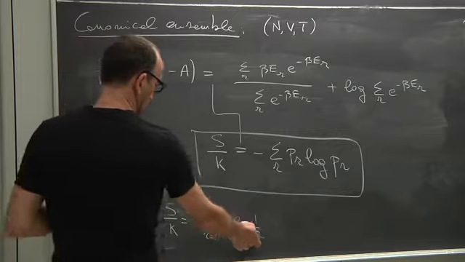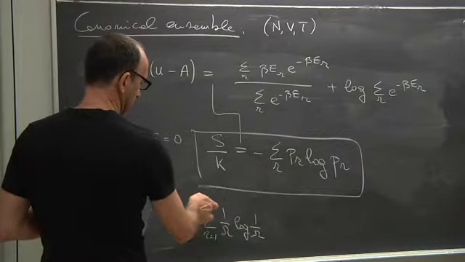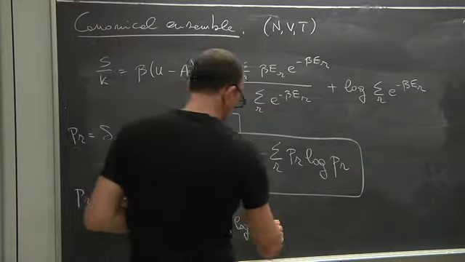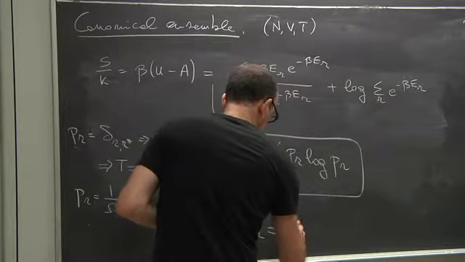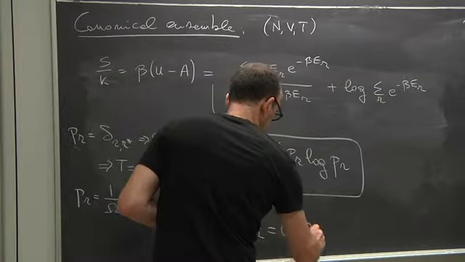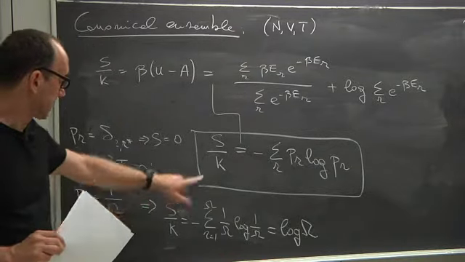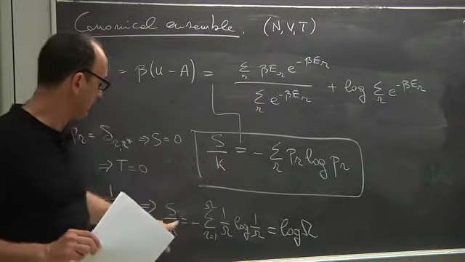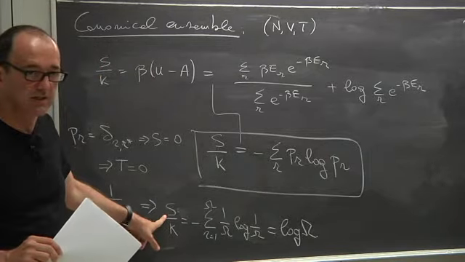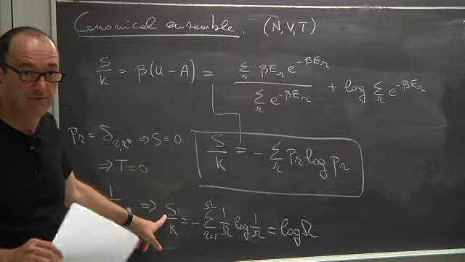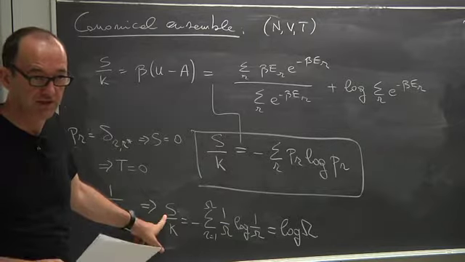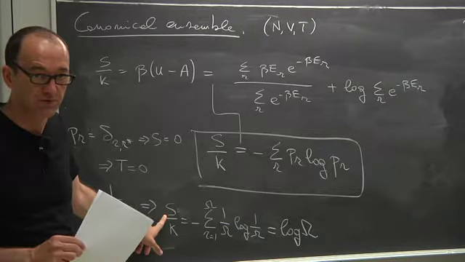So this is a constant, you can take it out, and this sum just gives you a factor omega. So what you get is that this sum is just log of omega. So you see, in that case, this formula for the entropy precisely gives you the formula which we have used for the entropy in the microcanonical ensemble. Okay?